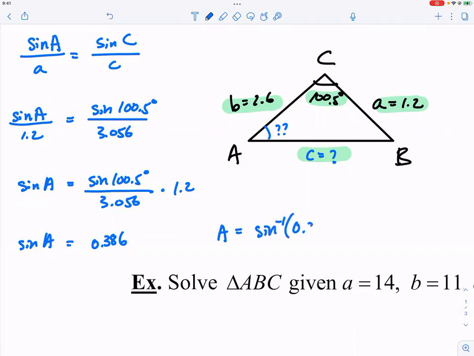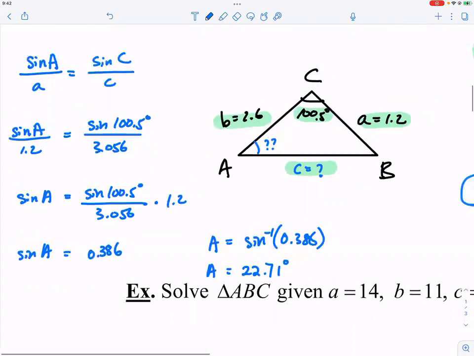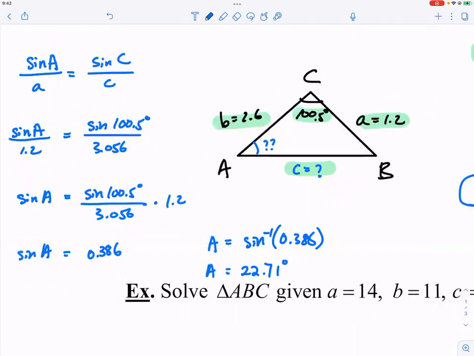So you find out the inverse sine of 0.386, and that would be 22.71 degrees. Okay, 22.71 degrees. So I think this is a lot easier to handle using the law of sines rather than using the law of cosines. So it's just something you can choose.